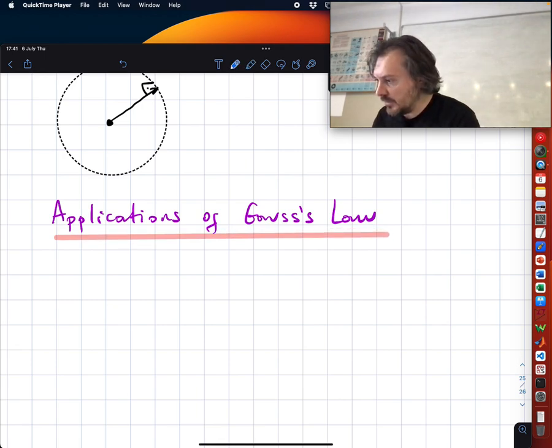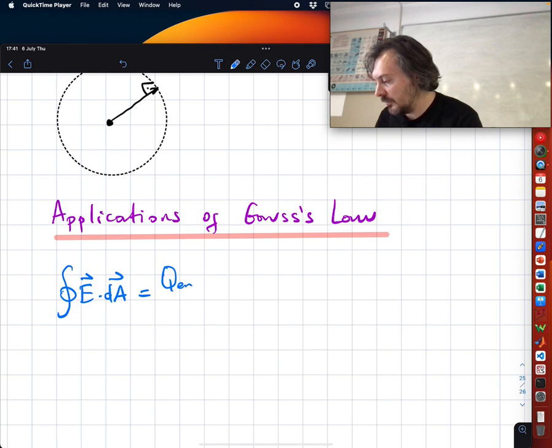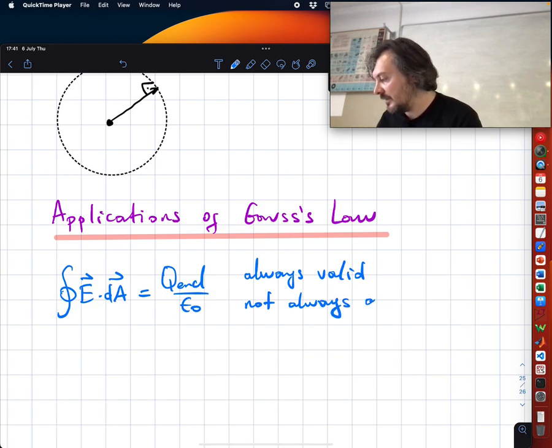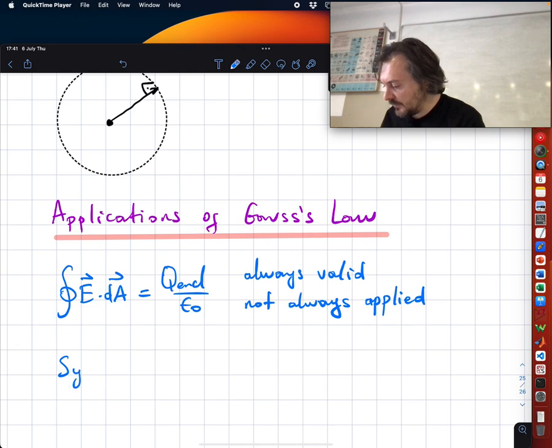This is your formula: integral E dot dA equals Q enclosed over epsilon 0. Always valid, not always applied. Let me not say useful, not always applied. Applied when you have symmetries.